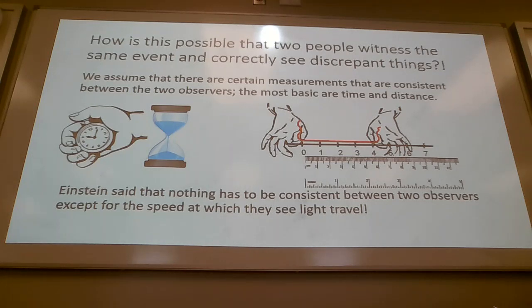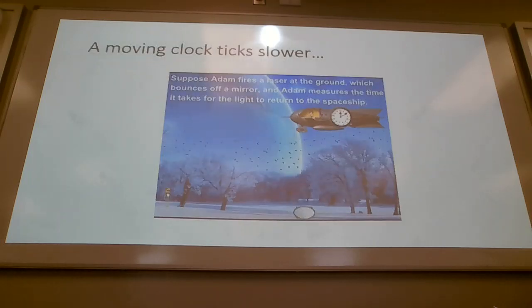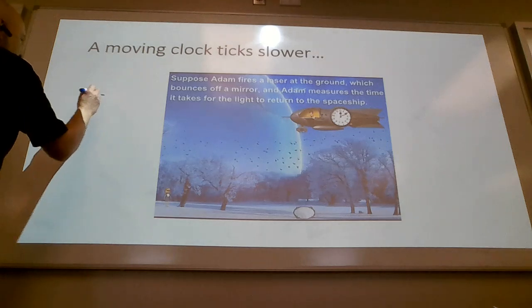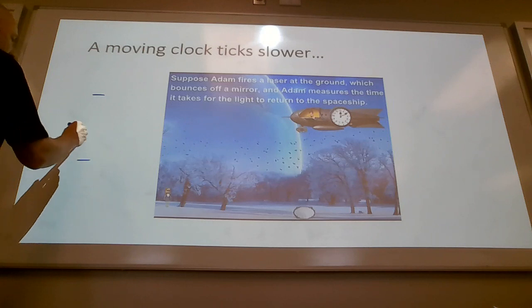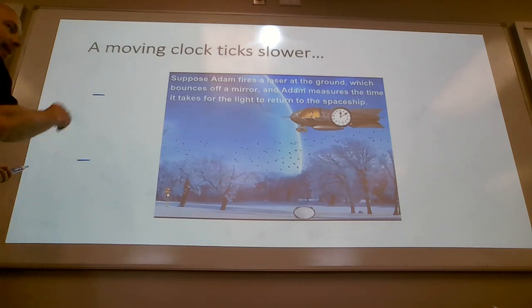Before you start judging and trying to figure it out, let me just try to paint the picture here. Here is a light clock. Let me explain this. For a clock, we need something that keeps a constant beat.